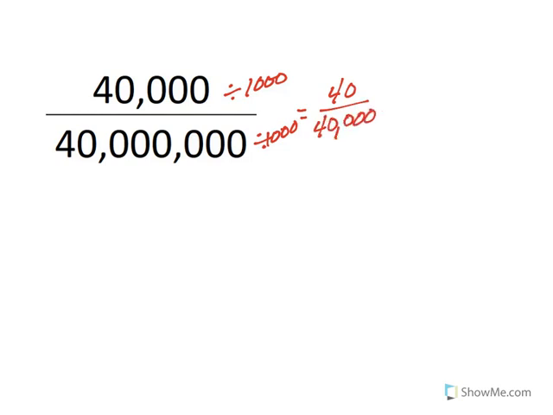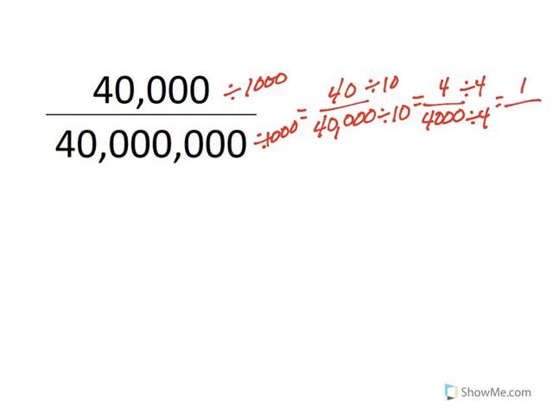Now my denominator is still not 1,000, so I'm not finished. I'm going to divide both of these by 10. And 40 divided by 10 is 4. And 40,000 divided by 10 is 4,000. Now I'm going to divide both numbers by 4. 4 divided by 4 is 1.